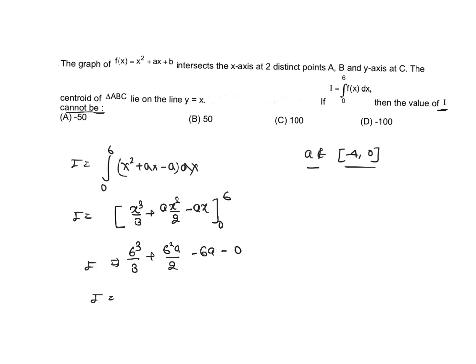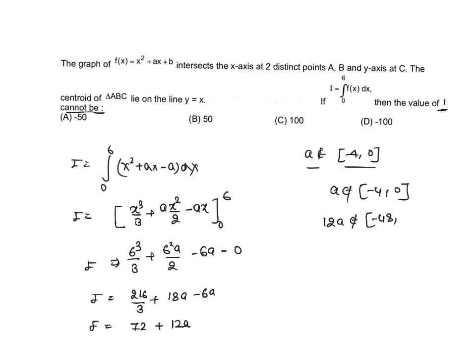So I equals 6 cube divided by 3, that is 216 divided by 3, plus 36 divided by 2 is 18a, minus 6a. I equals 216 divided by 3, which is 72, plus 12a. We know a does not lie between minus 4 and 0. Then we multiply by 12, so 12a does not lie between minus 48 and 0.